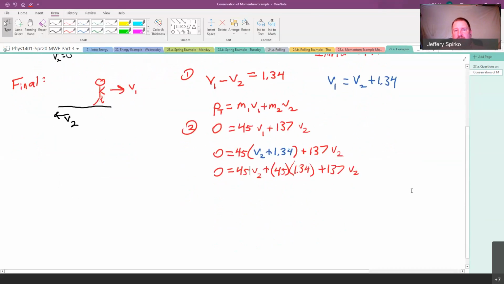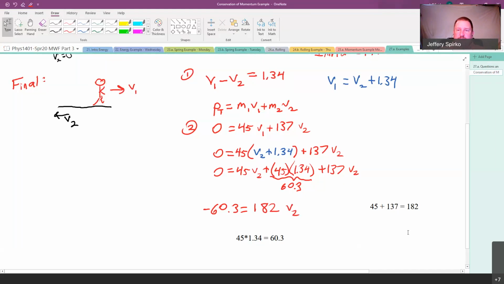And at this point, we can subtract the 45 times 1.34 from both sides. What is that? 45 times 1.34 is equal to 60.3. So then minus 60.3 is equal to, and then we can add the 45 plus 137, which is 182. 45 v2s and 137 v2s is 182 v2s.